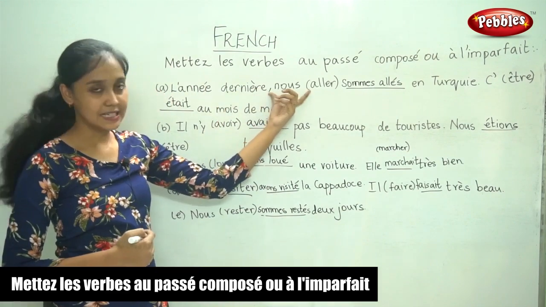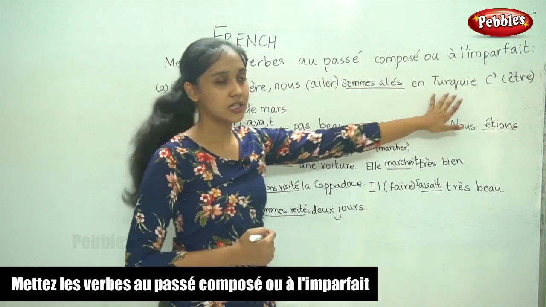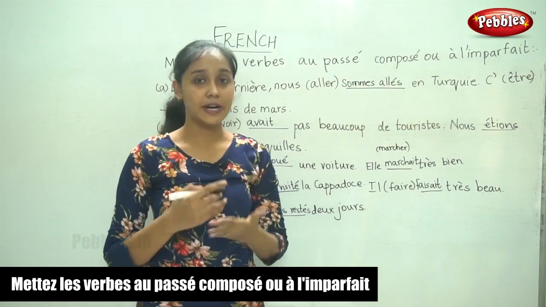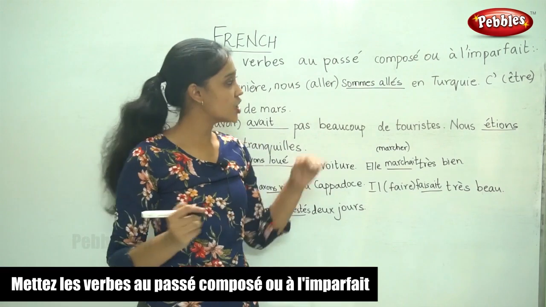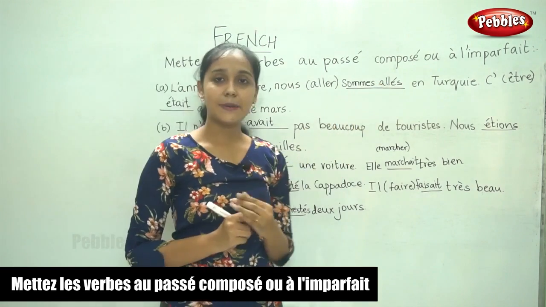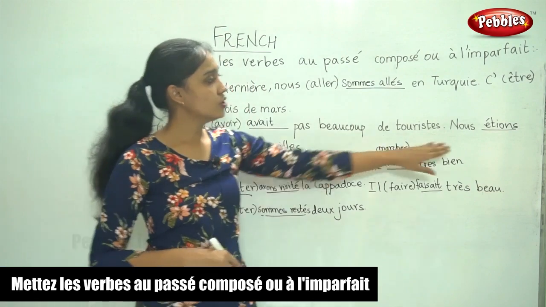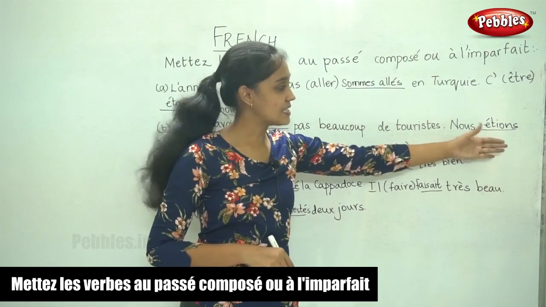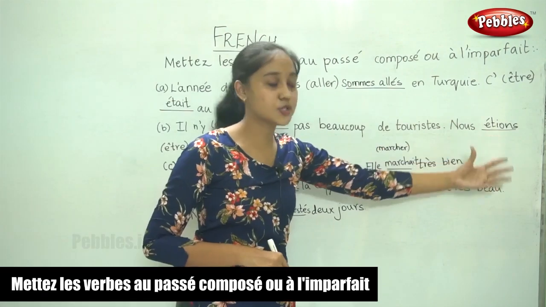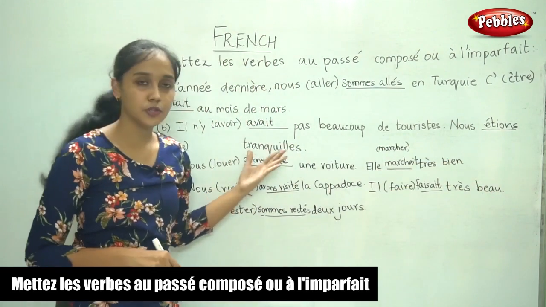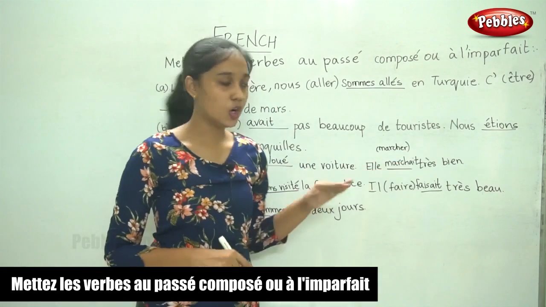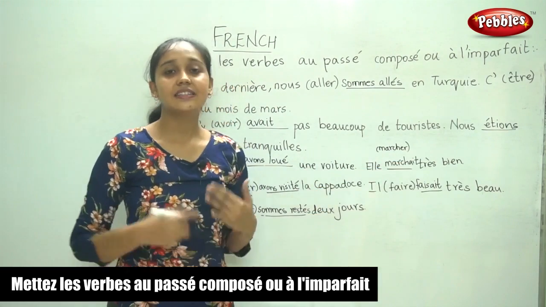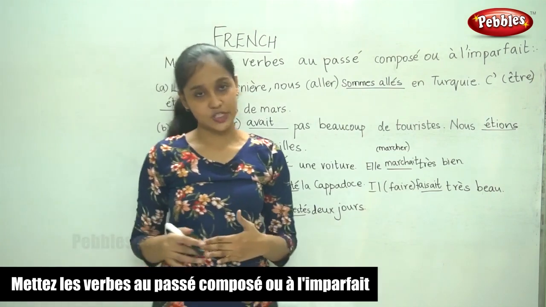Whereas in this sentence, we went to Turkey. It is an action performed by us. An action, the principal action of the sentence. So we use passé composé. So when you are expressing something like a description, it was beautiful, or we were calm, it went well. All this is just the description of that situation.